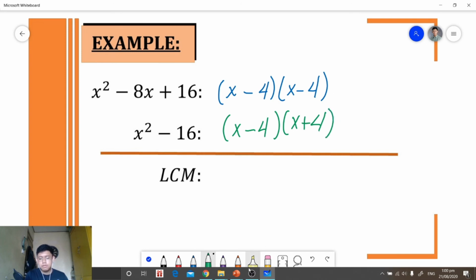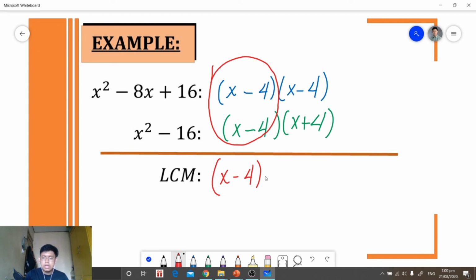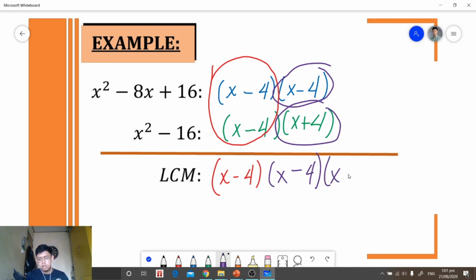Then after that, we're going to copy the common factor. So we copy the common factor, x minus 4. And then for the rest, we will just copy the other factors, x minus 4 and then x plus 4.